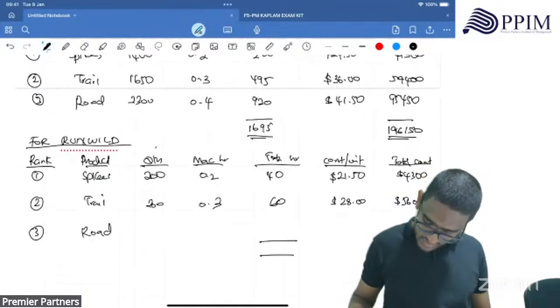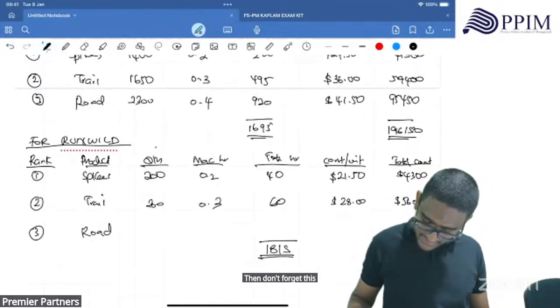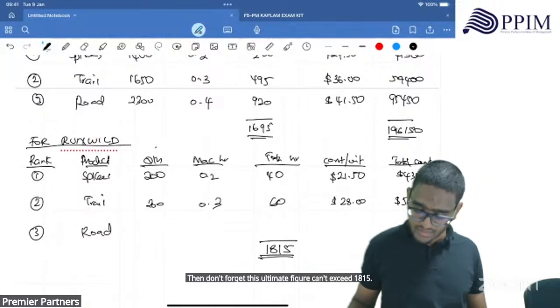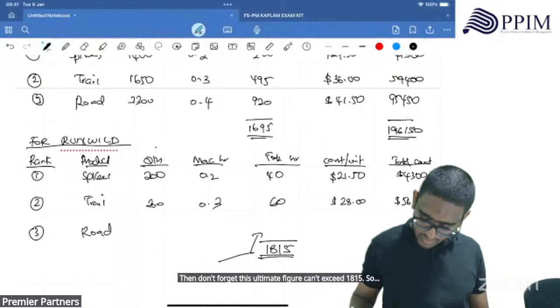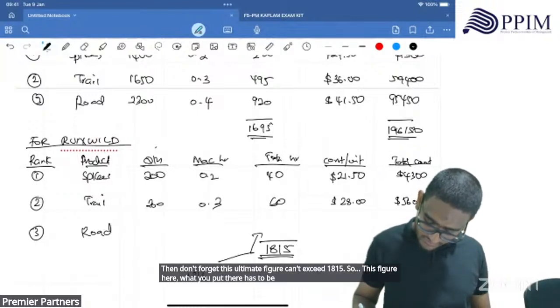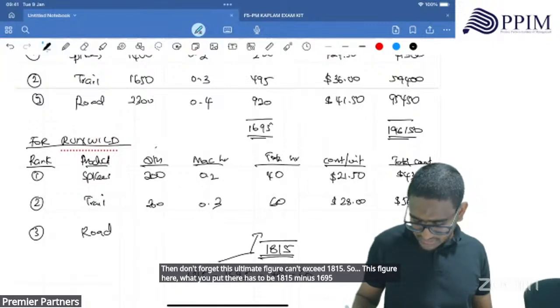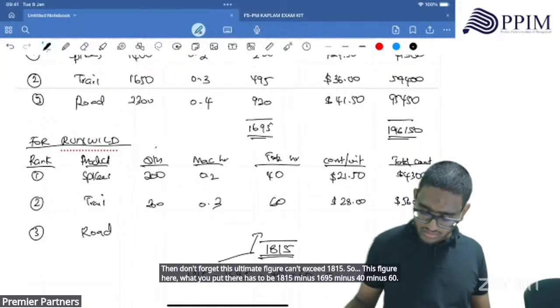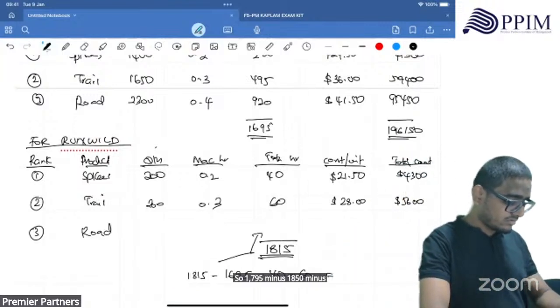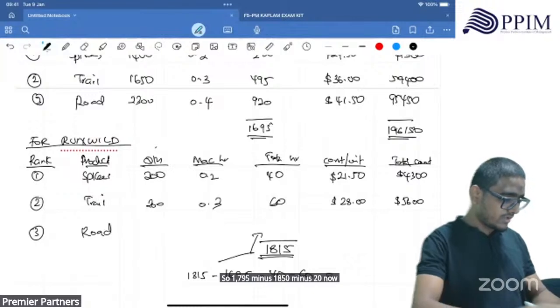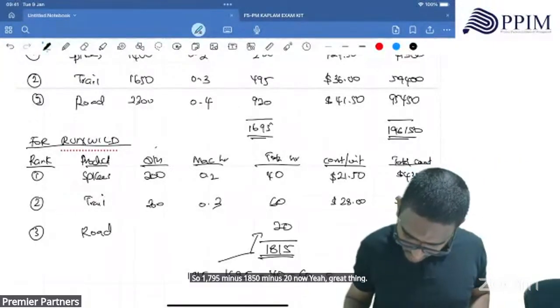Then don't forget, this ultimate figure can't exceed 1,815. So what you put there has to be 1,815 minus 1,695 minus 40 minus 60. So 1,795 minus 1,815, I think is 20. Yeah, 20. So you have only 20 hours.